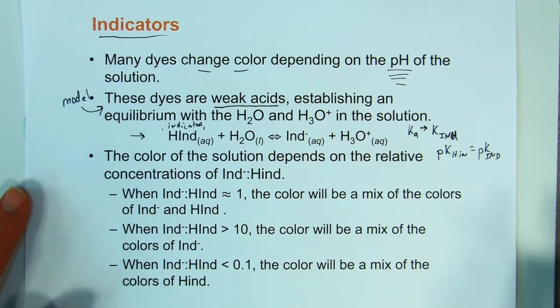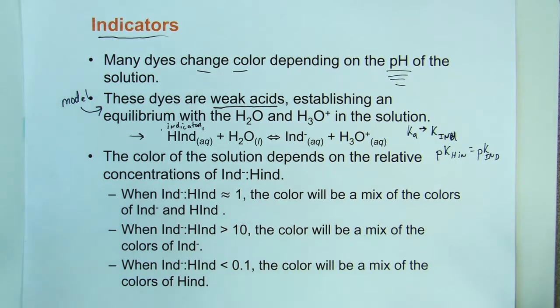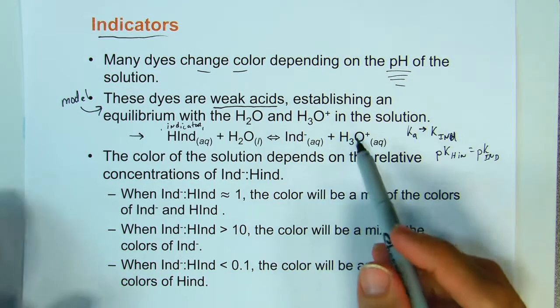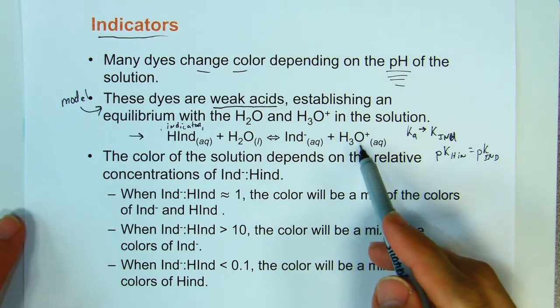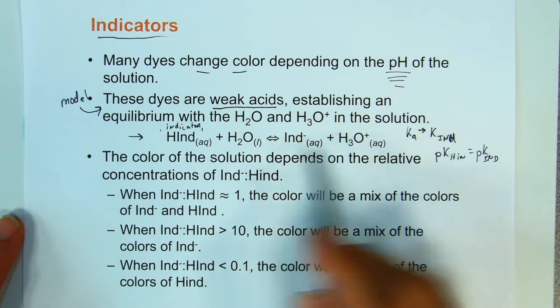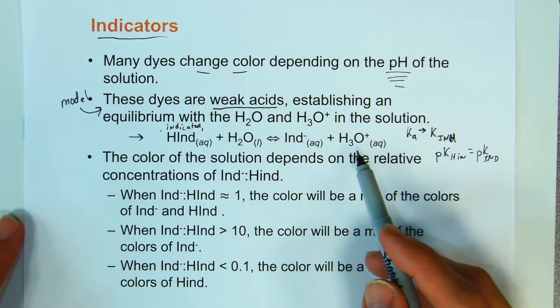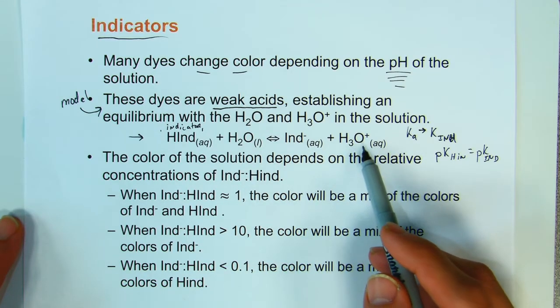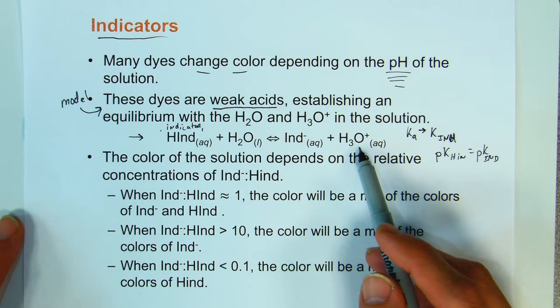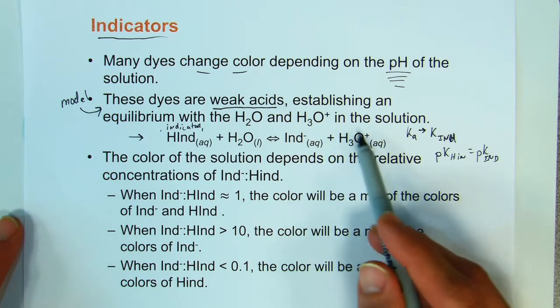Now, why is that going to be something that's interesting to us, okay? When we studied acids and bases and talked a little bit about buffers, we decided that by adding or removing H+ or OH-, we could shift equilibria back and forth, okay? So let's think about that for a second. What if I have very, very acidic conditions, pH 2, pH 3, we'll just say arbitrarily very acidic, a lot of H+ around.